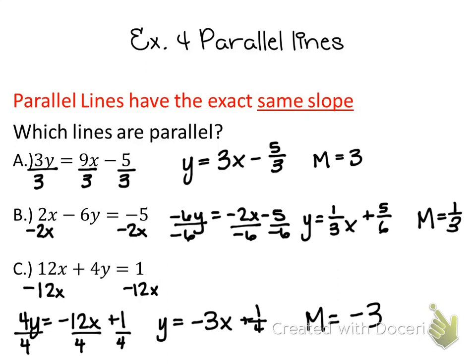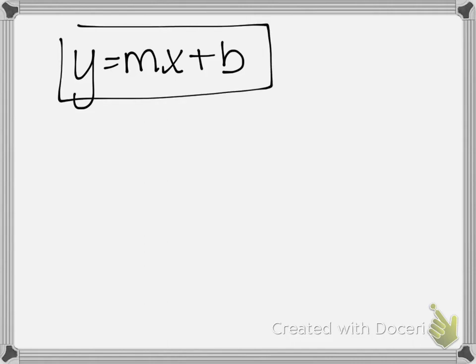Okay? So, some takeaway points from this lesson that you need to know. You have to know how to write an equation in slope-intercept form, which is y equals mx plus b. You have to know this. Any type of equation that they give you, you have to be able to write it in slope-intercept form.